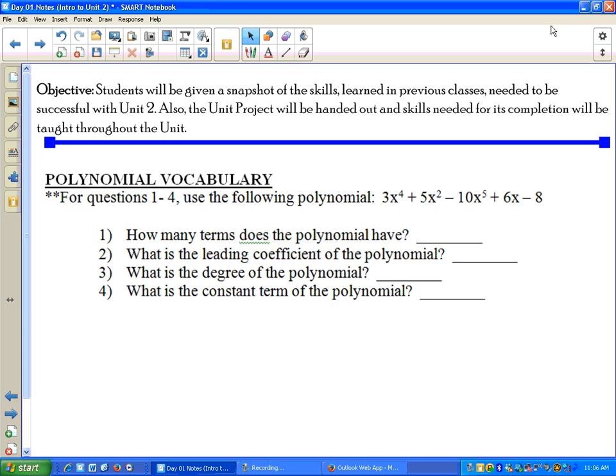Polynomial vocabulary. For questions 1 through 4, use the following polynomial: 3x to the 4th plus 5x squared minus 10x to the 5th plus 6x minus 8. Number 1, how many terms does the polynomial have? What is a term?